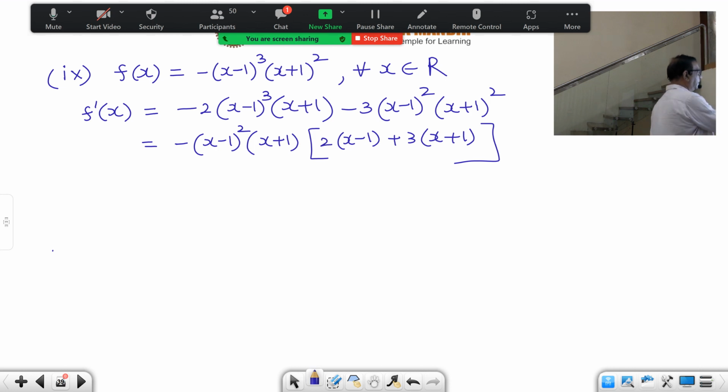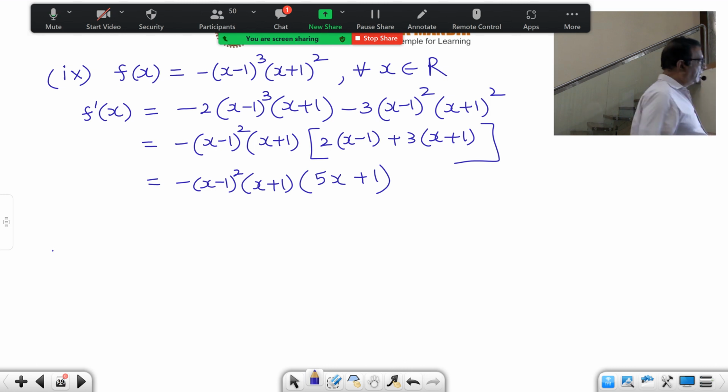This is equal to minus of (x minus 1) whole square into (x plus 1). In the bracket, 2x plus 3x is 5x, minus 2 plus 3 is plus 1.